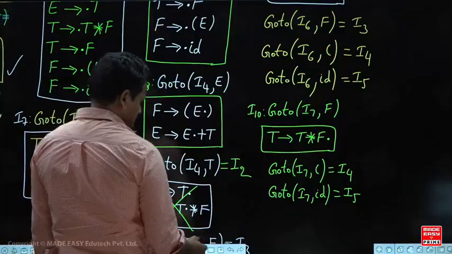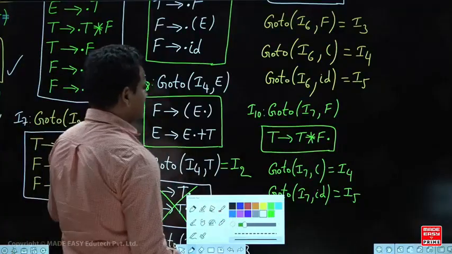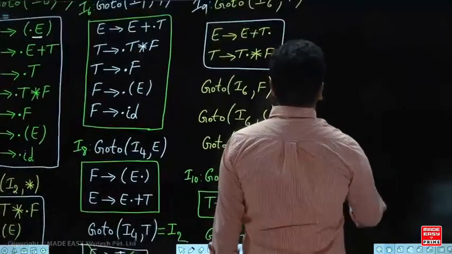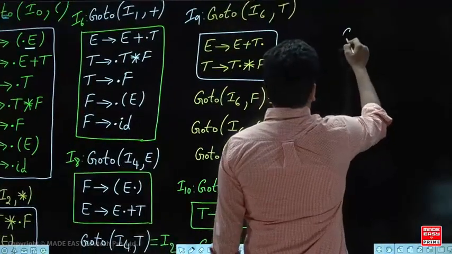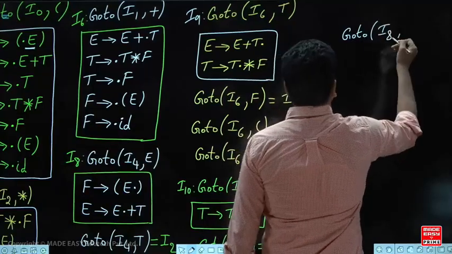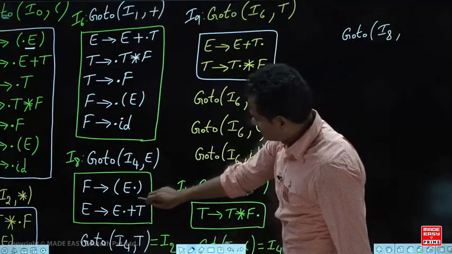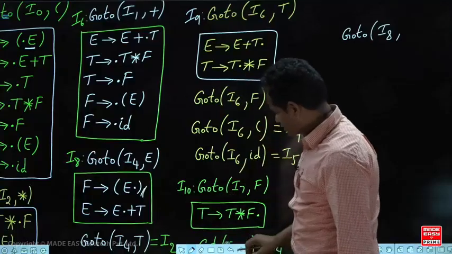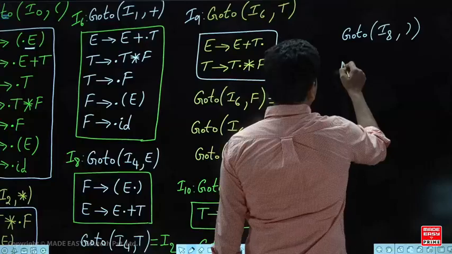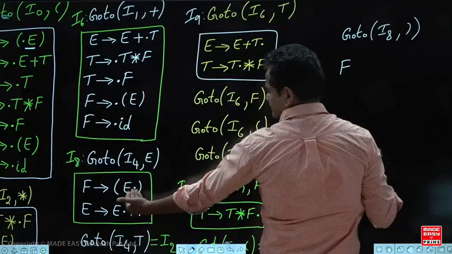I am writing I8 here. Go to of I8, what is the first production? I8 comma closed. What is the meaning of go to of I8 comma closed?